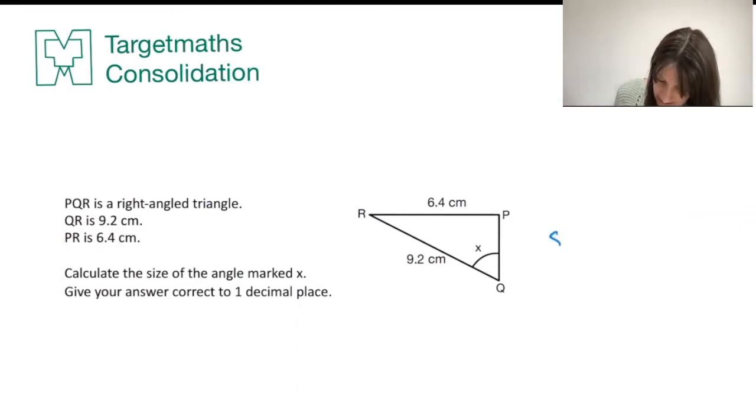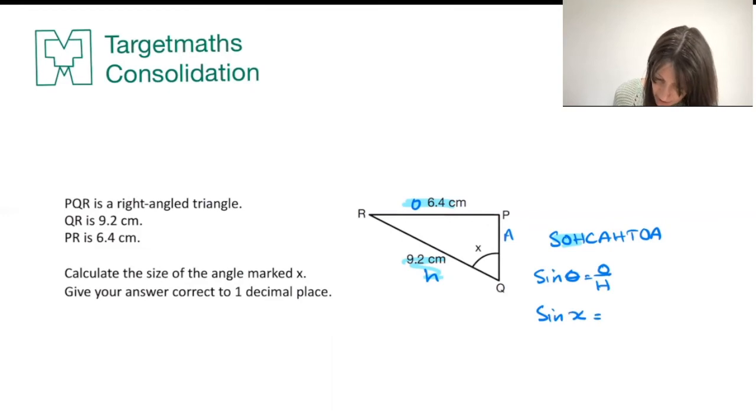So it's trig, it's SOHCAHTOA. There's my opposite, my hypotenuse. Adjacent is here, don't really need to worry about that because there's nothing on it. It's going to be O and H, so it's going to be our sine. So sine theta is opposite over hypotenuse. Sine X is our angle, O is our 6.4 and H is 9.2.